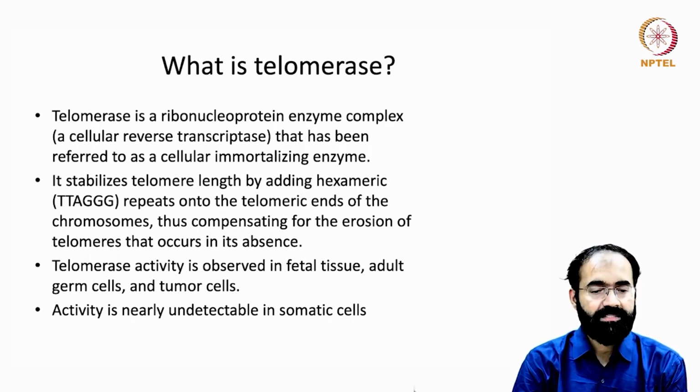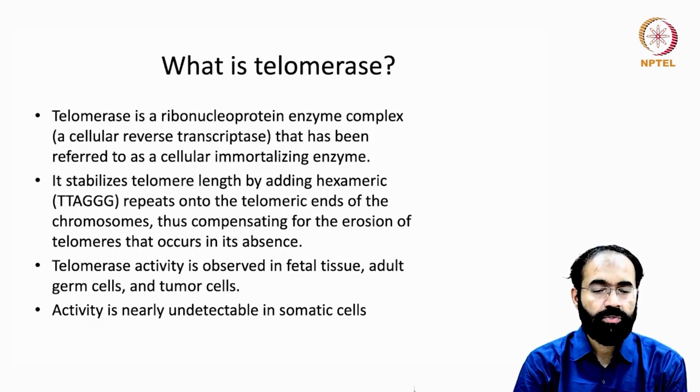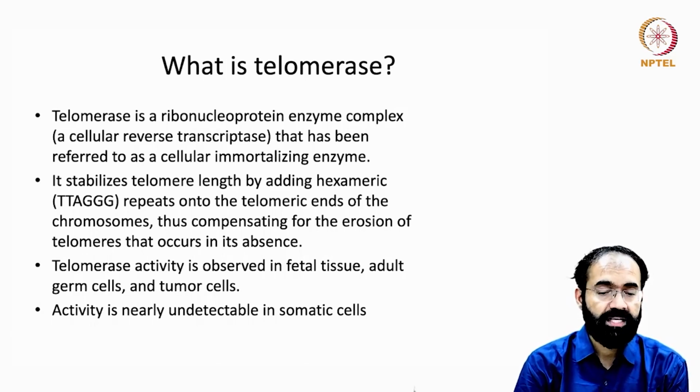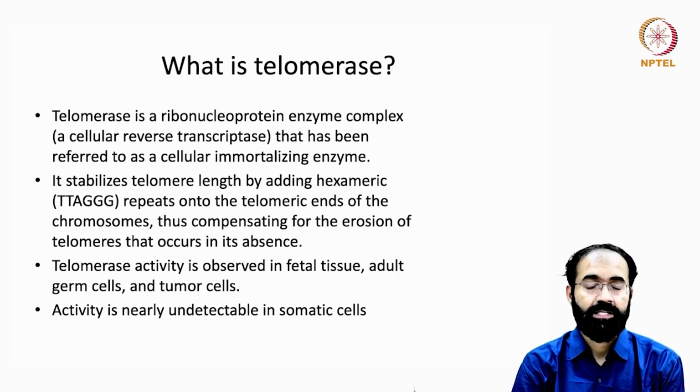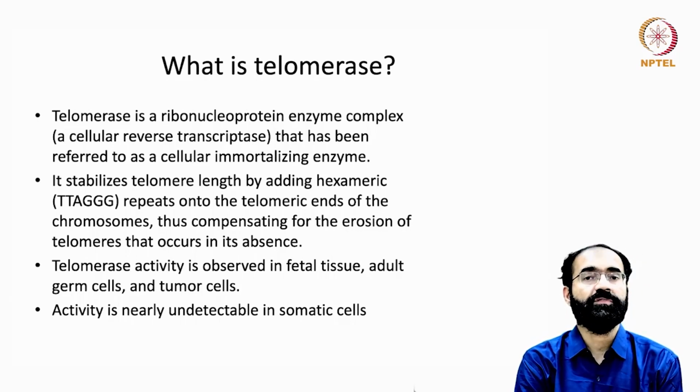It stabilizes the telomere length by adding hexameric repeats T2AG3 onto the telomeric ends of the chromosomes, and thus compensates for the erosion of the telomeres that occurs in its absence. So the erosion happens because of the end replication problem, nothing to do with wear and tear.